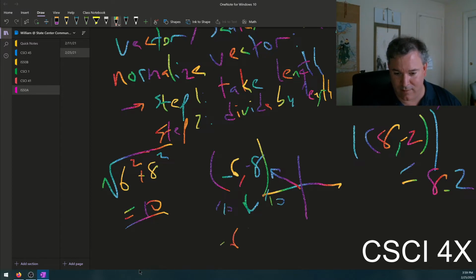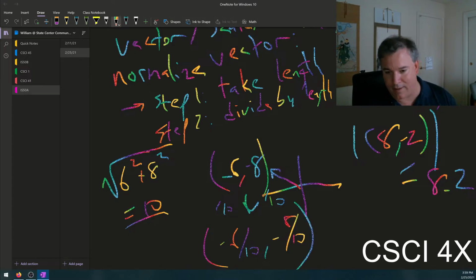And so this is going to give us negative 6/10 and negative 8/10 as the answer, which you can also write as negative 3/5 and negative 4/5, or as negative 0.6 and negative 0.8. There's a lot of different ways you can write these things, but that's basically the answer.